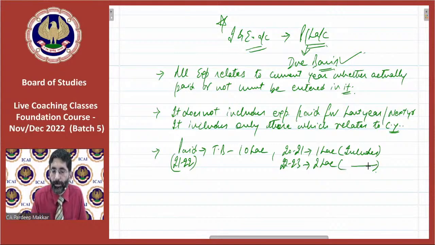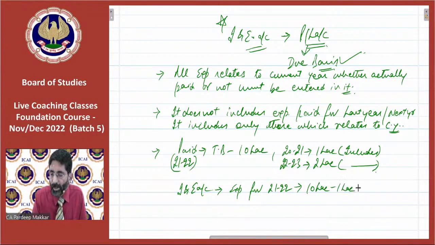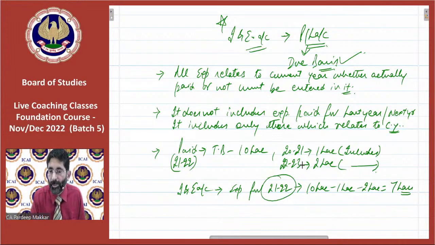So what you have to do? In income and expenditure account, you have to enter only expenses for 21-22. Whether paid or not, that is not a matter. So we have only 7 lakh rupees which relate to 21-22. So it will be debited to P&L account, income and expenditure account, not 10 lakh.